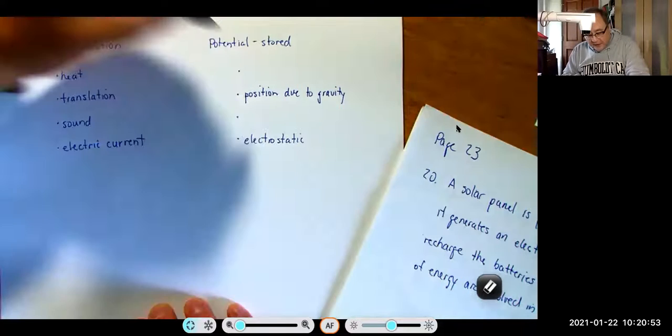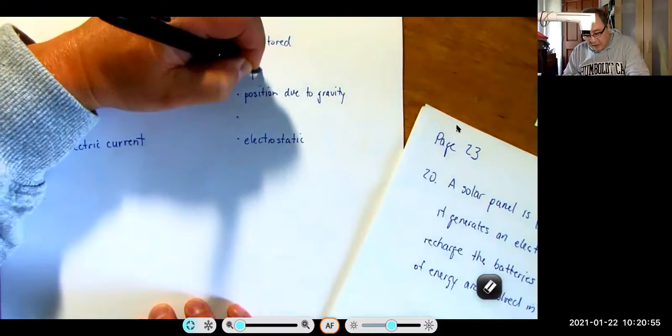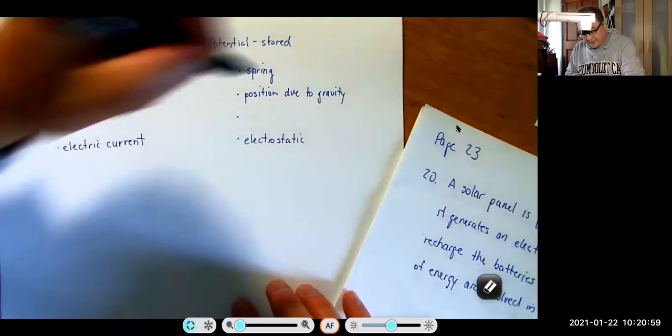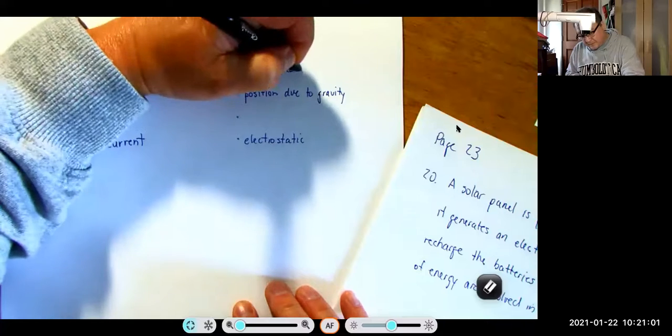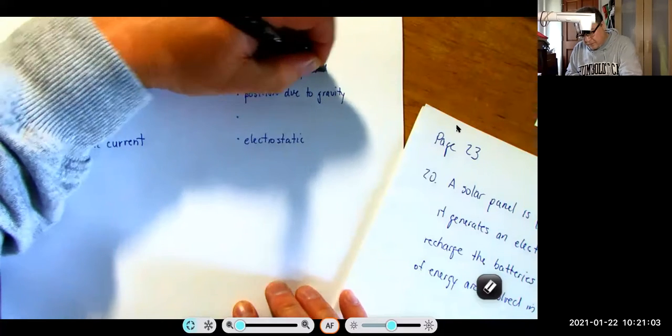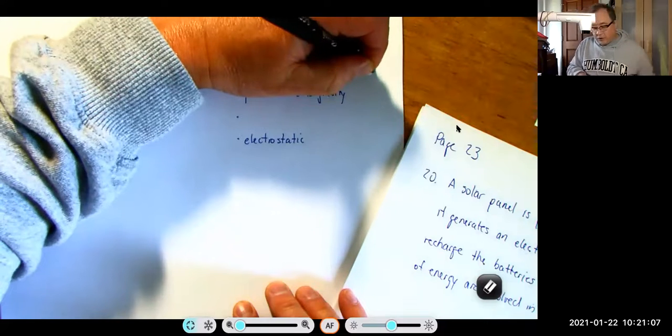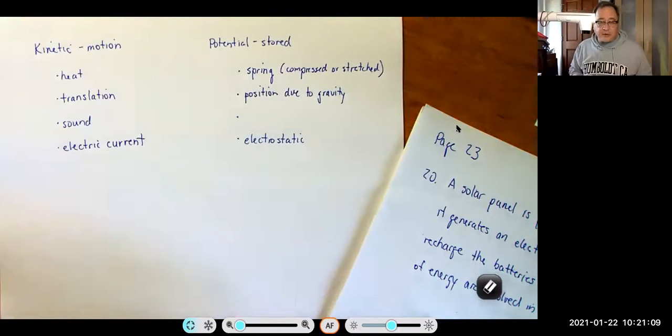There's a spring. And I don't mean like a water spring. I'm talking about a spring that you stretch or compress. So a great example of a compressed spring would be your shocks in your car. Now, actually, not your shocks, but the springs that surround the shocks.